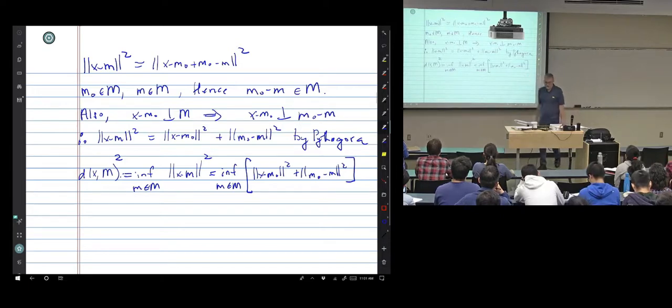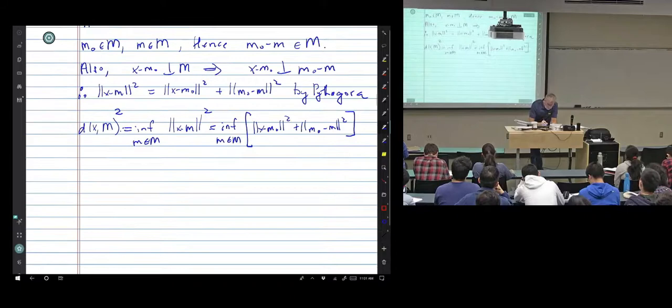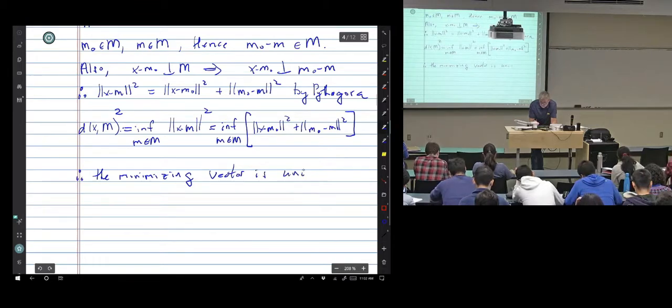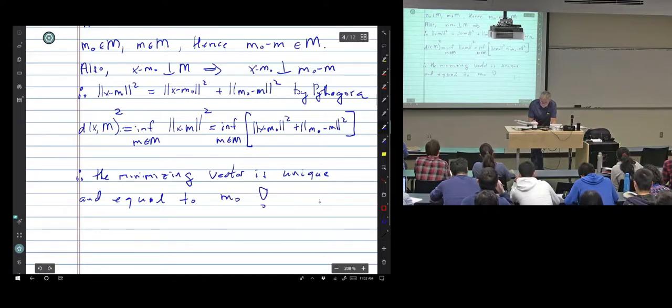Clear? Okay. So conclusion: the minimizing vector is unique and equal to M0. Yay.